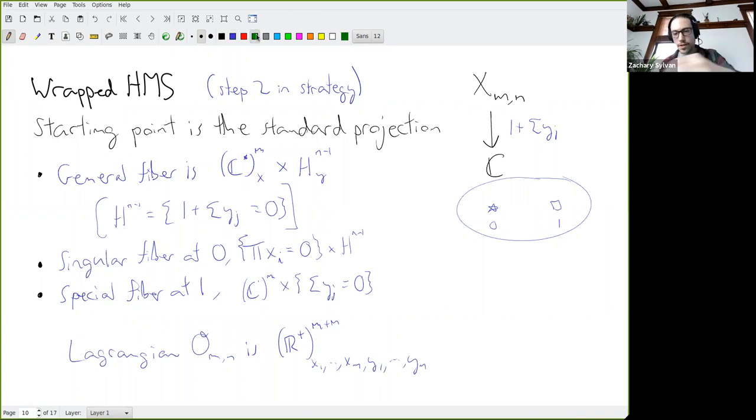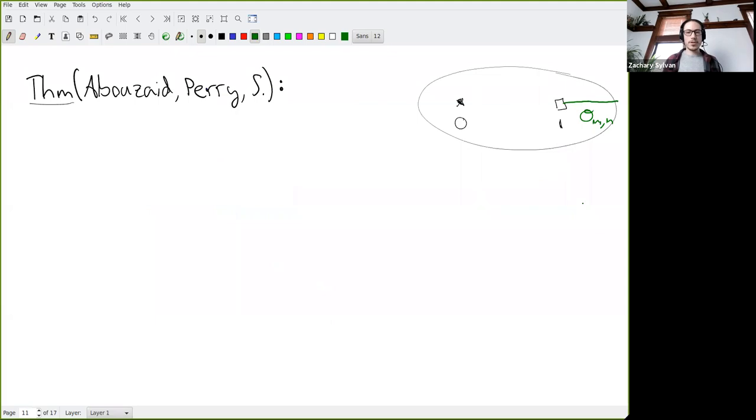And what this looks like is it just comes out over here. It fibers over this arc, and it's a disk. So the theorem, if we look at this disk, is that it is mirror to the structure sheaf.